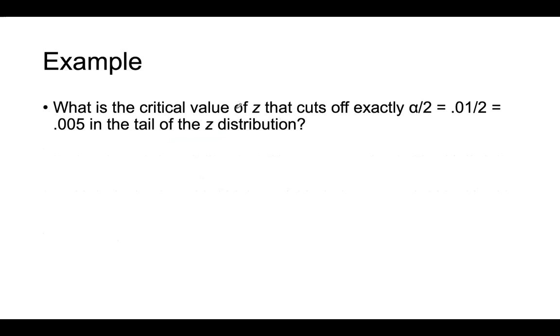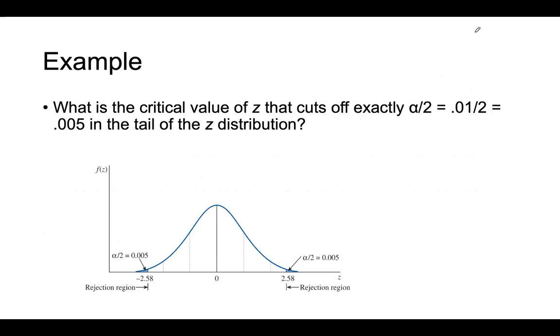So what is the critical value of z that cuts off exactly alpha divided by 2? Our alpha, we chose it to be 0.01. We divide by 2, so we can draw these pictures. If our alpha is 0.01, then we divide it by 2 and it's going to be 0.005. We can look this up in the table, which I think we just did, and it's negative 2.58 and 2.58.